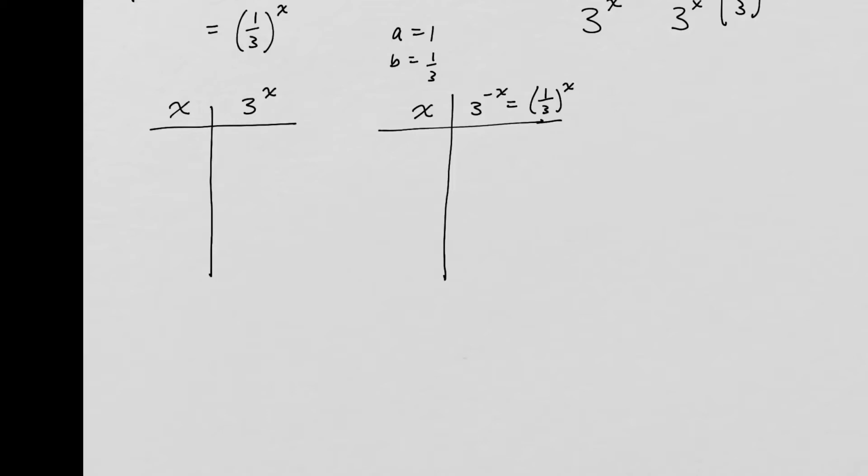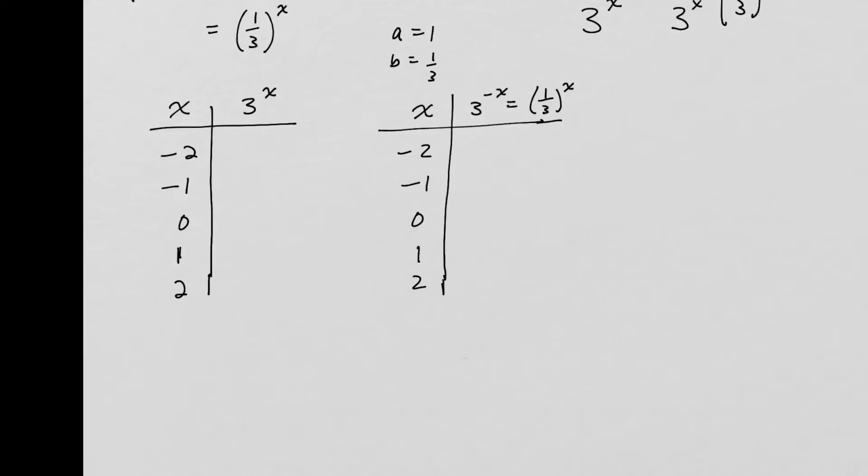Okay, and I want to plug in some points. Let's just use maybe -2, -1, 0, 1, and 2. So those are my 5 input values for both. Could do more, but that'll give us a general idea of the shape.